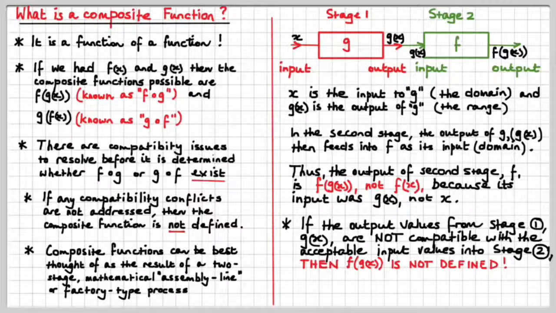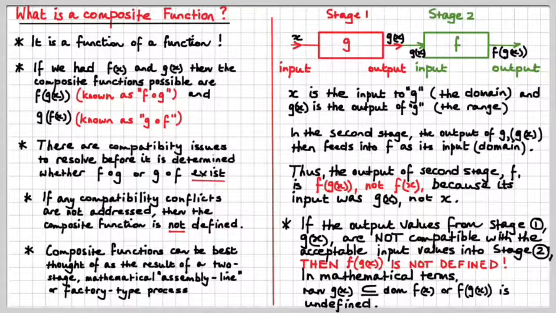If the output values from stage 1, which are g of x, are not compatible with the acceptable input values into stage 2, which in this case is f of x, then f of g of x is not, repeat, not defined. That is the cruncher, okay?